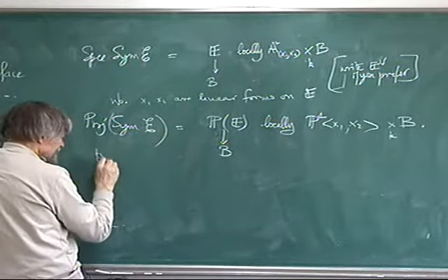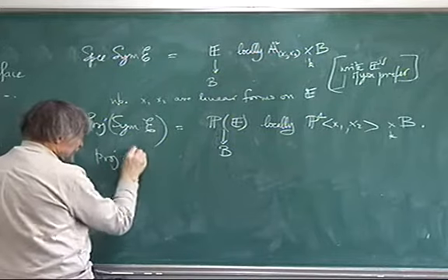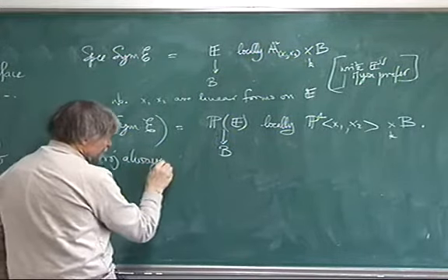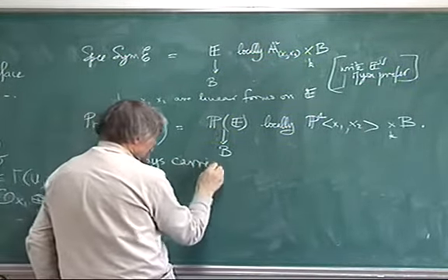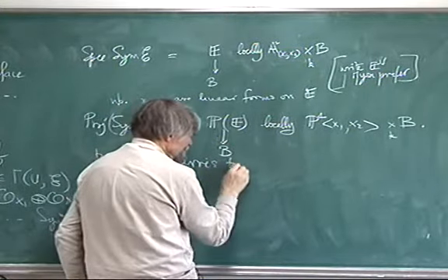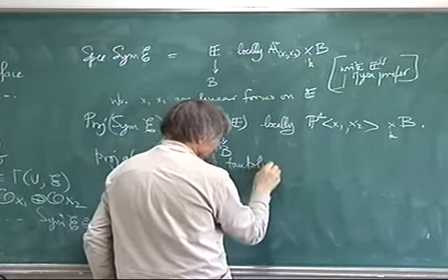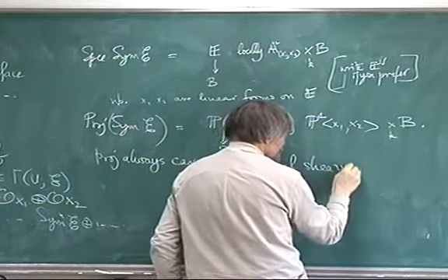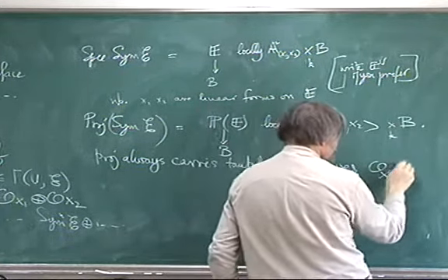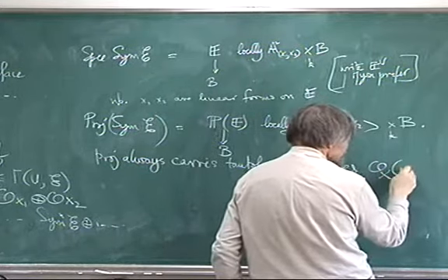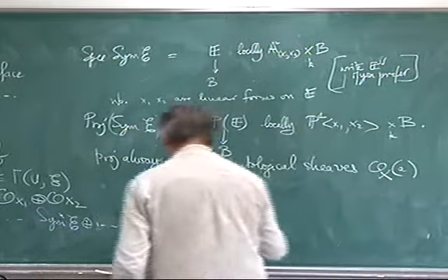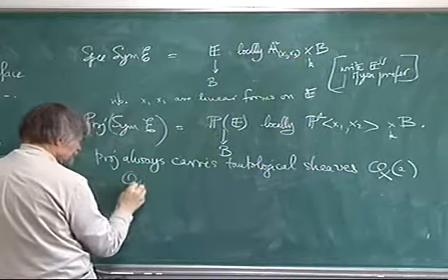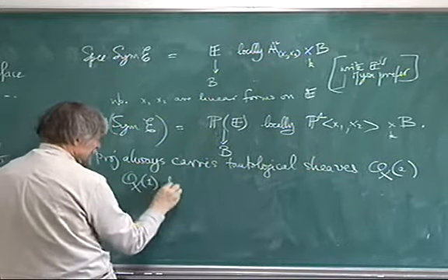So Proj always carries tautological sheaves O_X of any degree a. But here O_X(1) is a line bundle.